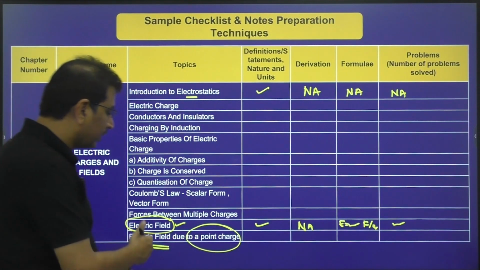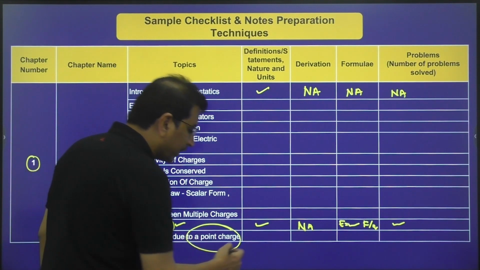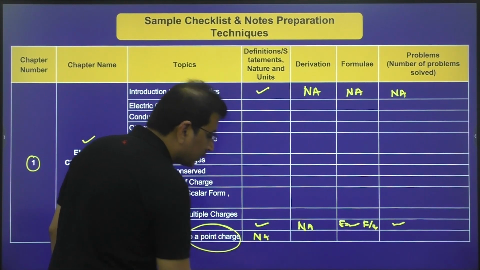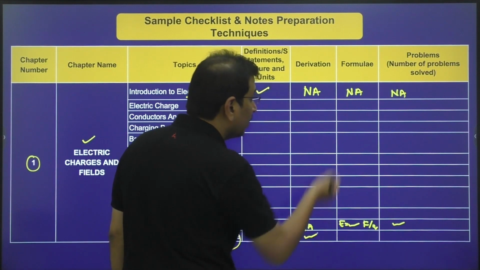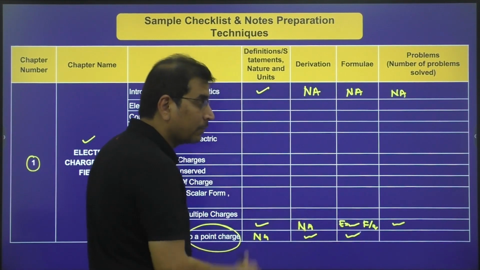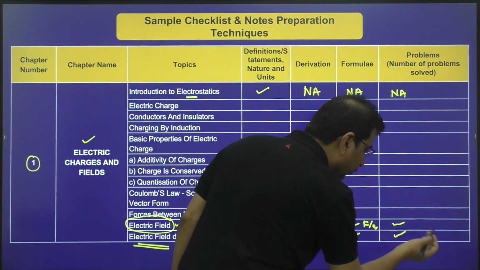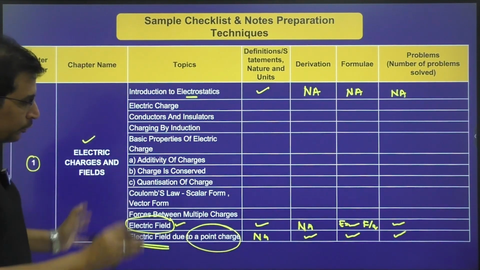In a similar way, for the electric field due to a point charge, there is no separate definition, so it is not applicable. The derivation, I am done with it. The formula we have got, KQ divided by R square. And once you complete at least 4 or 5 problems, put a tick here. Now, are you able to see?